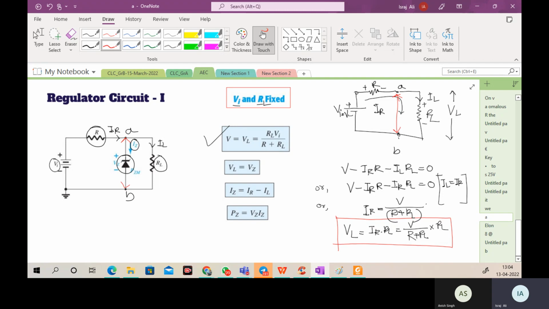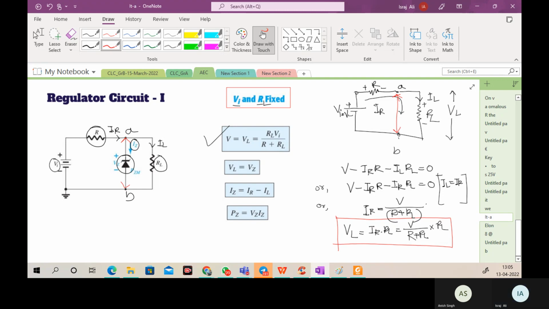Listen, this type of problem you will definitely expect, so at least remember this one. So what is this one? It is the equation we get from the basic circuit after removing the diode. Simple. Correct?